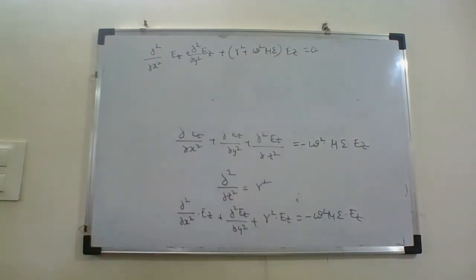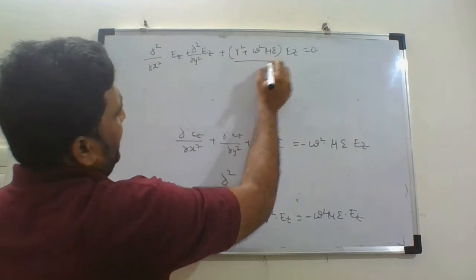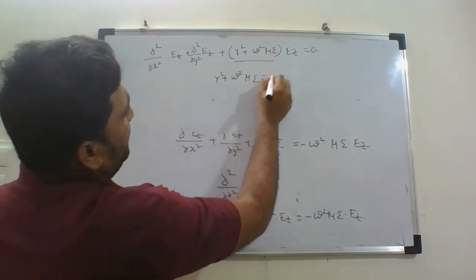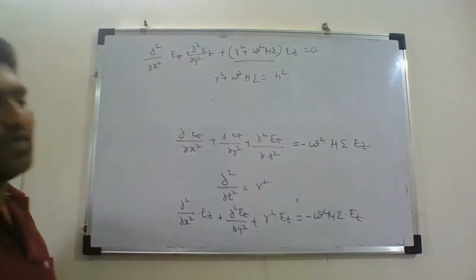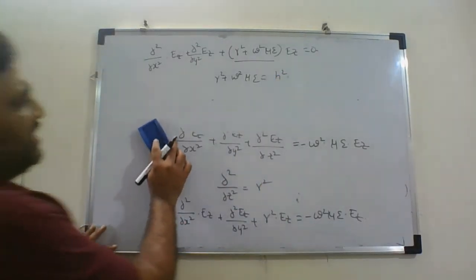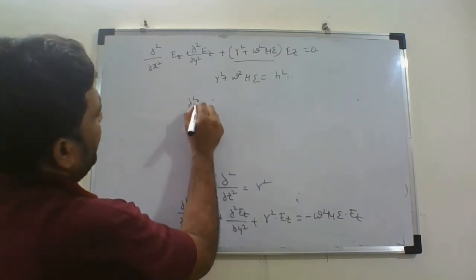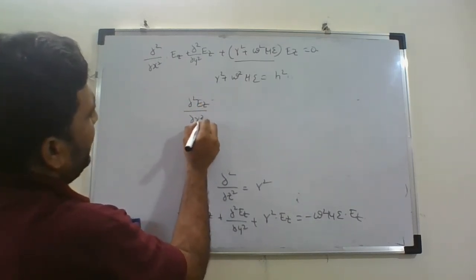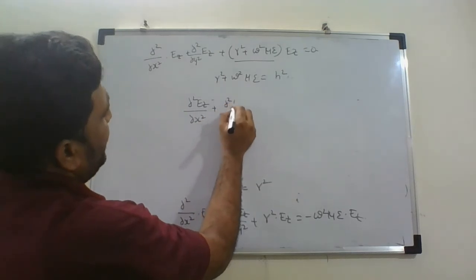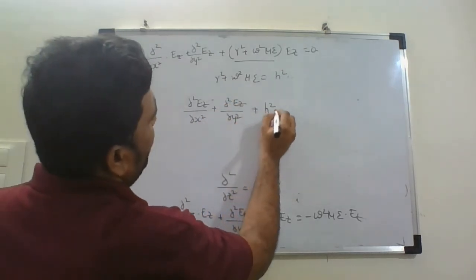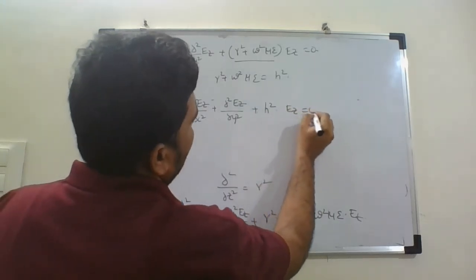We assume that this value, gamma square plus omega square mu epsilon, is a constant called h square. Therefore I get the equation ∂²Ez/∂x² plus ∂²Ez/∂y² plus h square Ez is equal to 0.